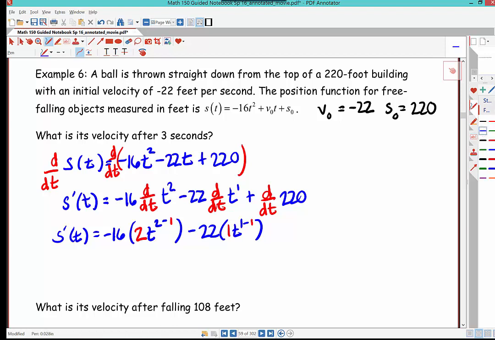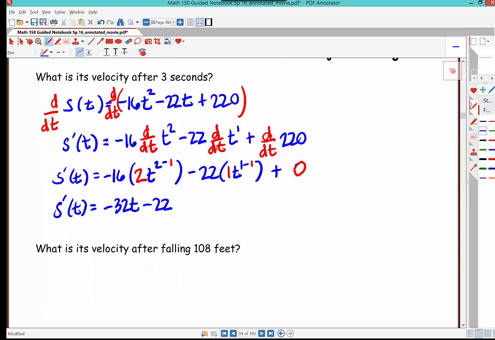And then what's the derivative of a constant? Beautiful. 0. So we'll get 0 for this last one. So now s prime at t, simplifying, will be negative 32t minus 22. Good so far?